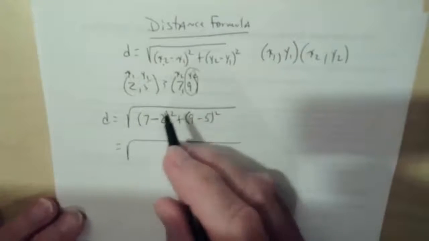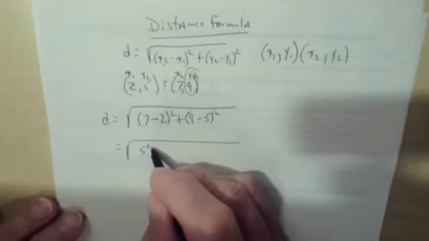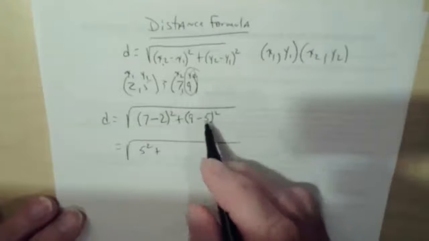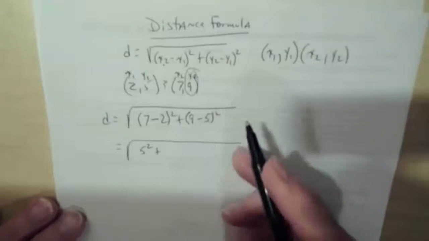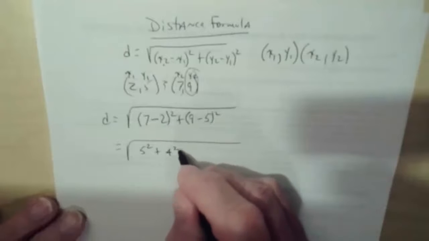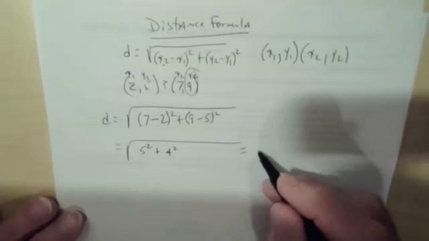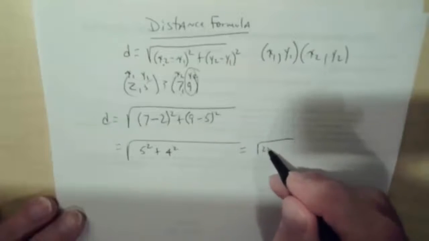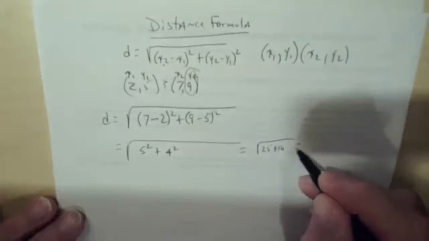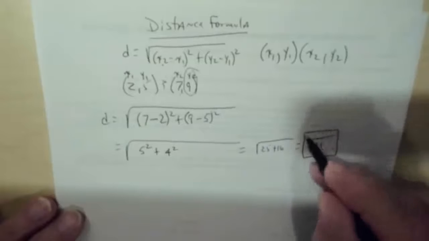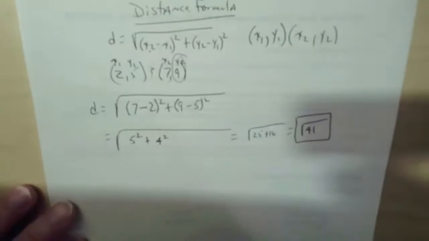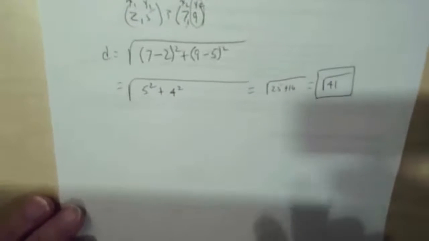Seven minus 2 is 5, so we have 5 squared plus, excuse me, 9 minus 5 is 4, 4 squared. So this equals the square root of 25 plus 16, which is the square root of 41. As far as I'm concerned, you can leave it under the radical like that. That's okay with me.